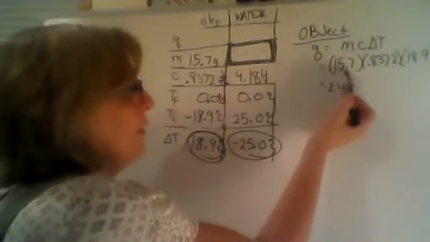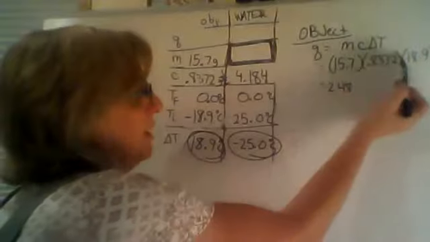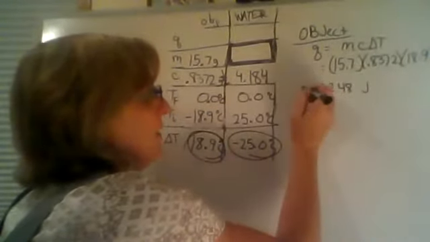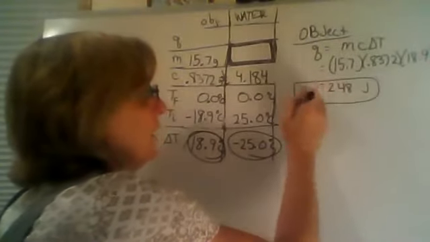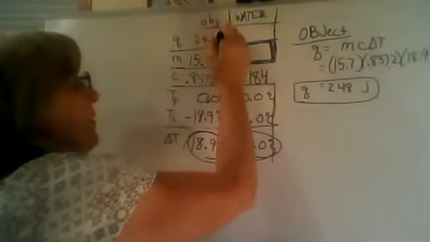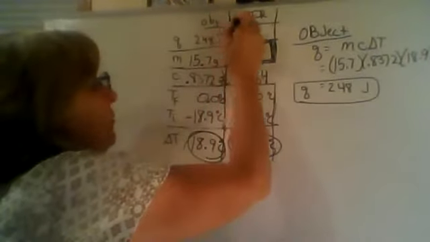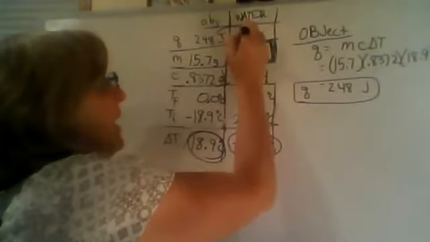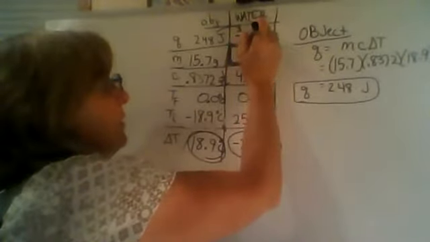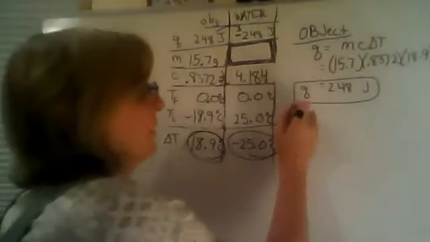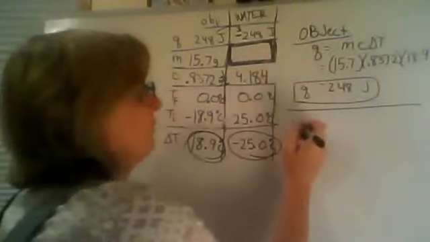I have 3 significant figures here and 3 there, so I can leave it there. 248 joules is my Q for the object. Okay, that becomes my bridge to here. If this is warming up, then this one has to be dropping. 248 joules. And then you can see, I'm going to work it for water.